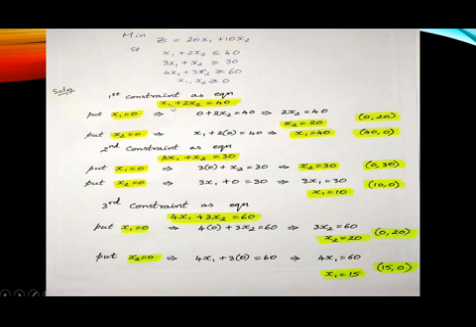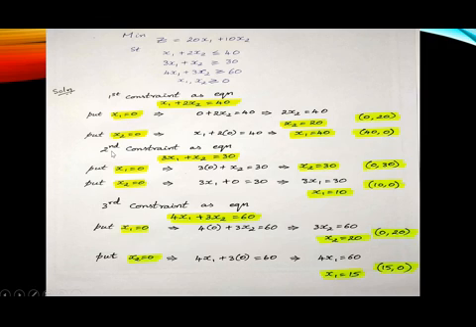So that becomes x1 plus 2x2 equals 40. I put x1 equal to 0, so 2x2 becomes 40, therefore x2 will be 20. The coordinate point that I get is 0, 20. Now I put x2 equal to 0, so I get x1 equal to 40. The point that I get is 40, 0.